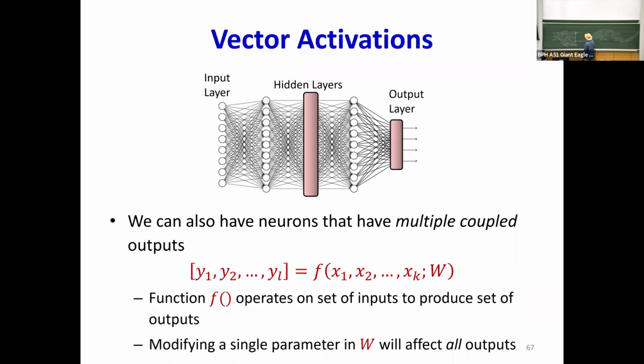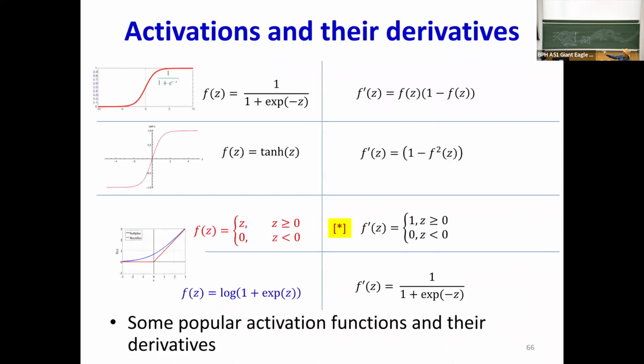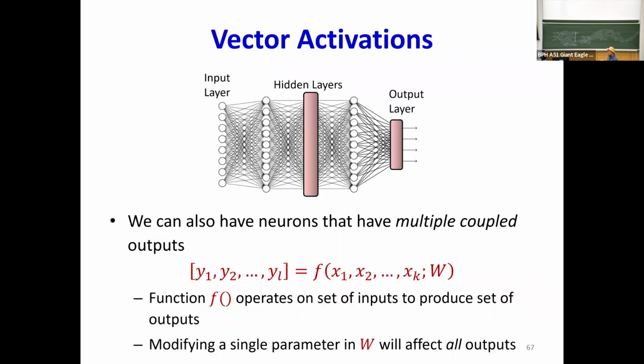Whereas if I have a vector activation where I have 3 inputs going in and 2 outputs coming out, maybe I'd have something like this. If I vary this weight, both of the outputs are likely to change. So perturbing one input can change all the outputs in this case, whereas here perturbing an input is going to change just the corresponding output.